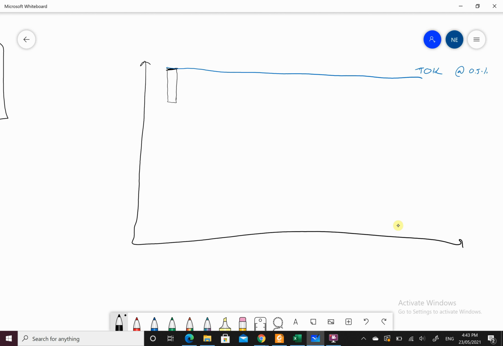I'll have pit 2 somewhere here, pit 3 somewhere here, and pit 4 somewhere here. So 1, 2, 3, 4.